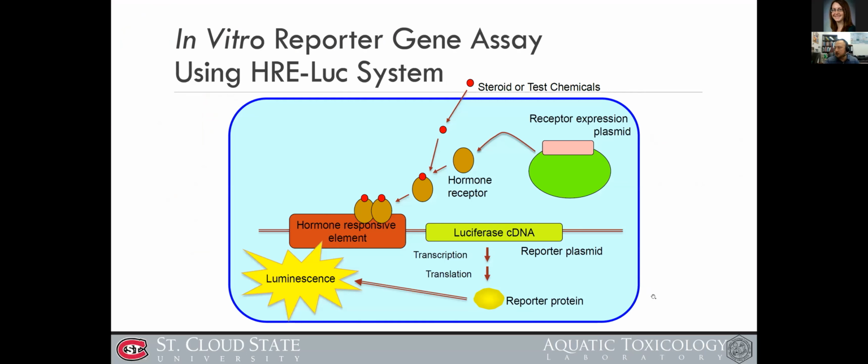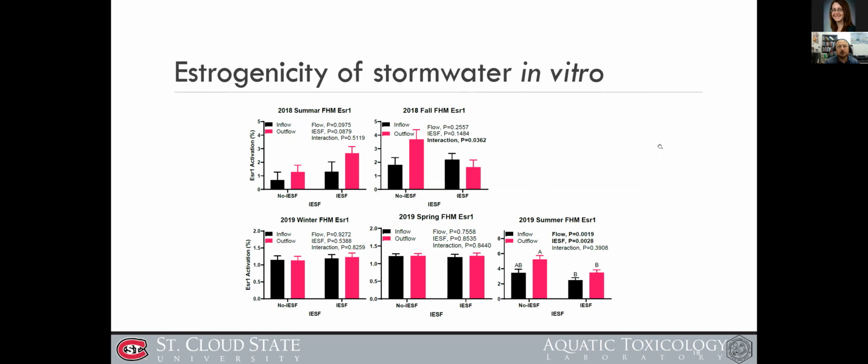We also looked at the estrogenicity of this stormwater system. We used an in vitro estrogen receptor reporter gene assay system, with the fathead minnow estrogen receptor. This shows the estrogenicity of each water sample in different seasons; black is inflow and red is outflow.